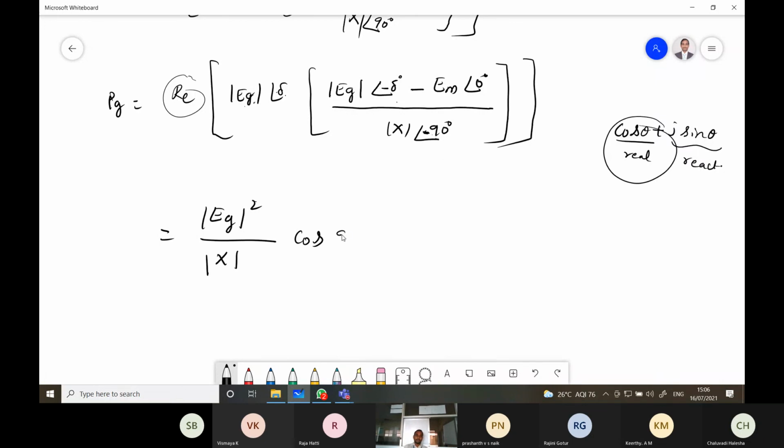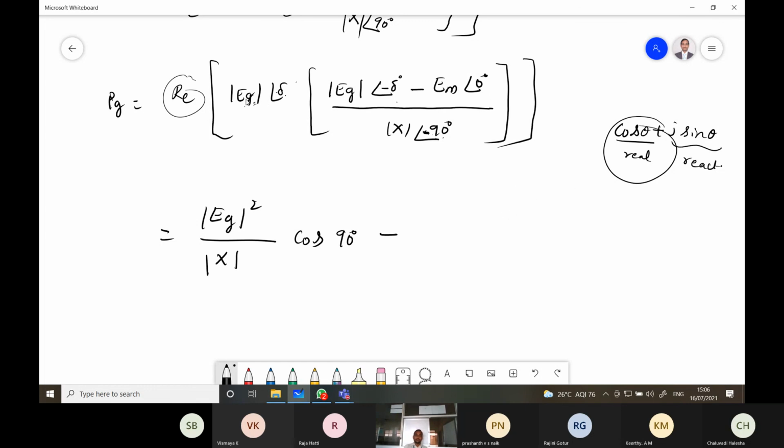If you take 90 degrees to the numerator, minus 90 becomes plus, cos of 90 degrees. So minus EG at an angle delta minus EM at an angle 0.